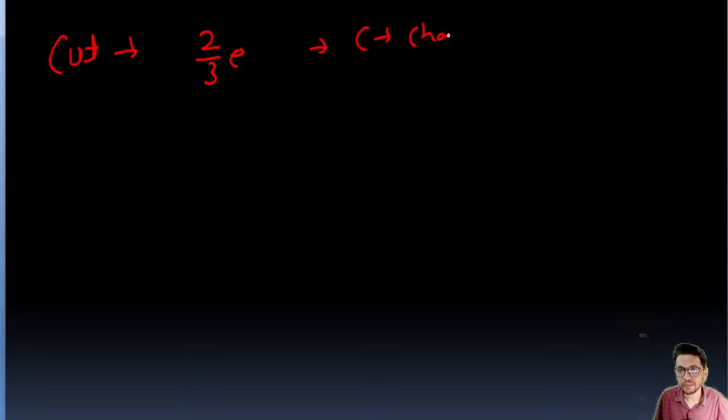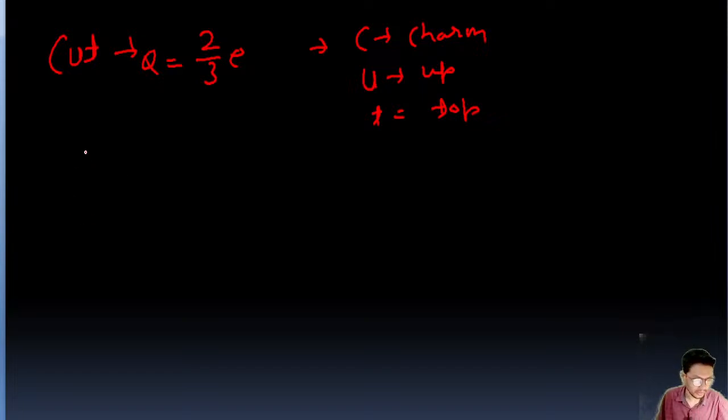Now I'll tell you one procedure, a trick you can write down. Very important. If you write CUT, for CUT the charge is going to be 2/3 of the electron charge. CUT means C is charm, U is up, and T is top. So for CUT the charge Q is 2/3.